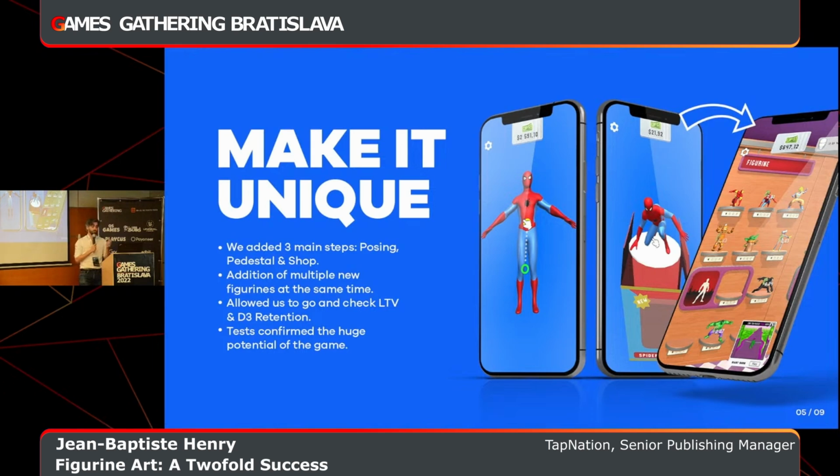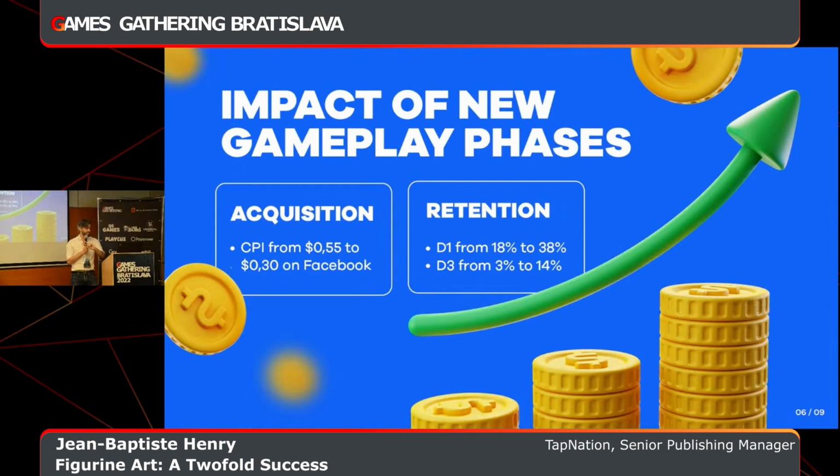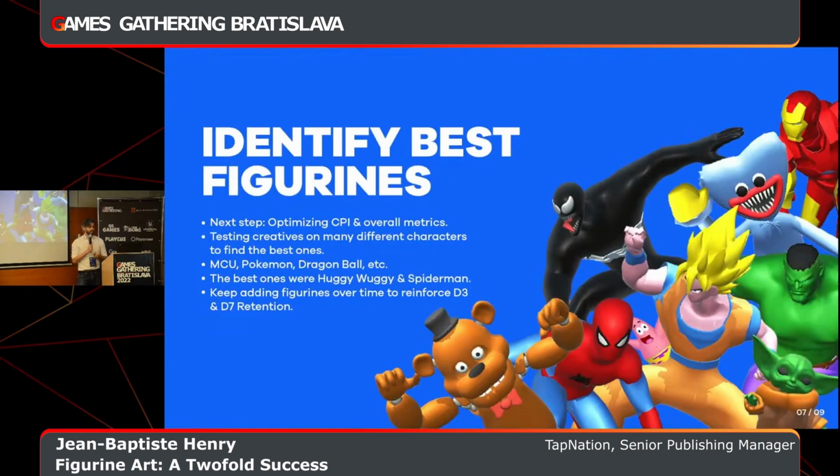The test results confirmed what we supposed, and CPI went from 55 cents on Facebook to 30 cents on Facebook, and day one retention from 18% to 38%, which was amazing, and day 3 from 3% to 14%. So now the bet we made about why people were interested in this, why the appeal was there, was successful.